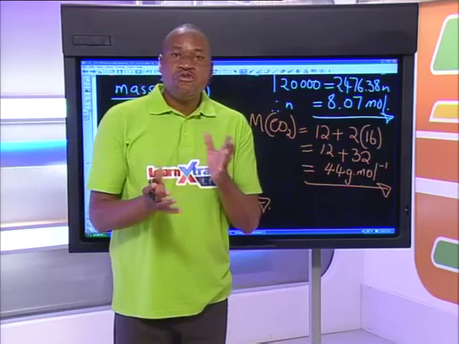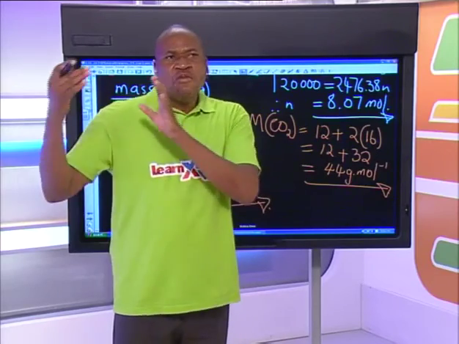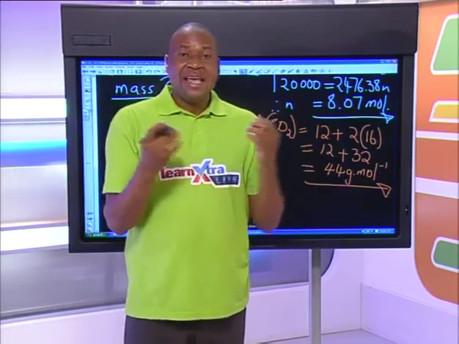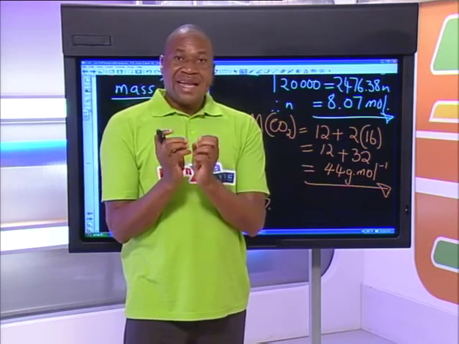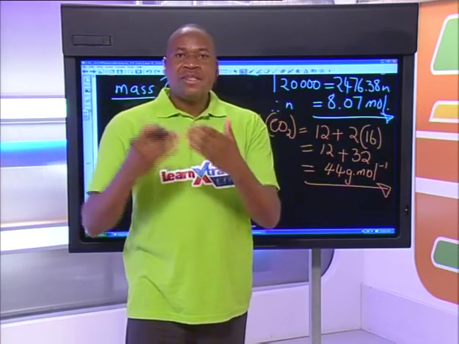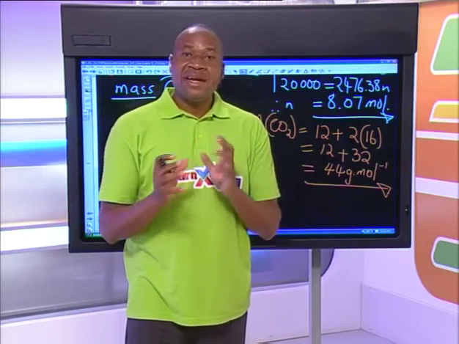So that is how you can use these formulas. You move from one thing to the next. The idea here is that you must not forget that N equals m over M still applies here because we're talking about number of moles.